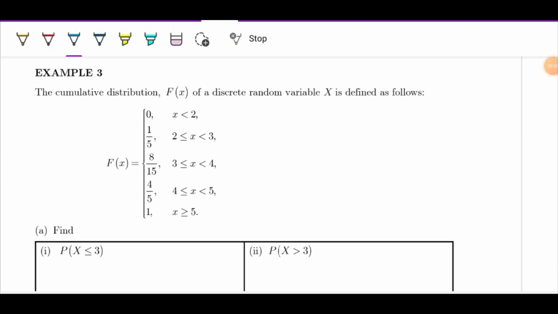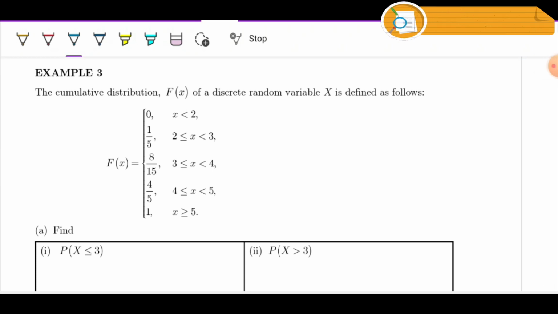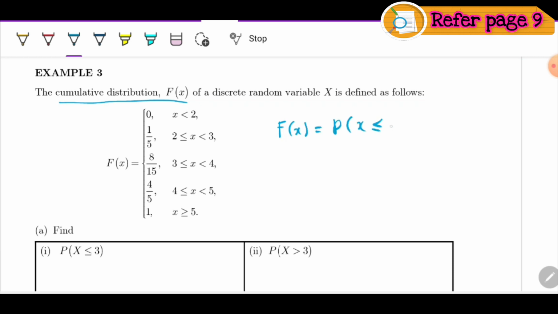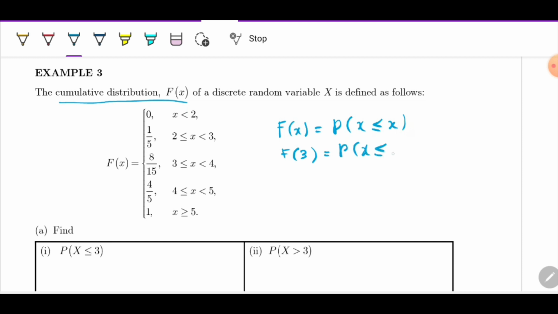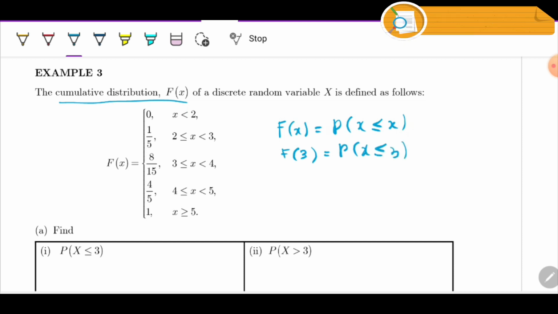Example 3. In this example, I want to show you how to find the probability from CDF. By definition, CDF or capital Fx is equal to the probability of x less than or equal to x. For example, F3 is equal to the probability of x less than or equal to 3.